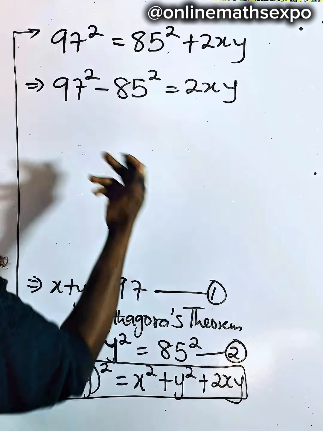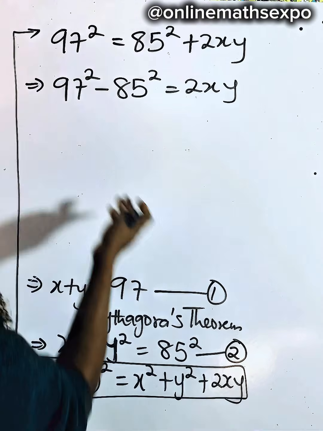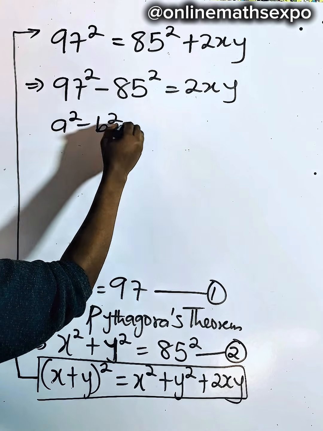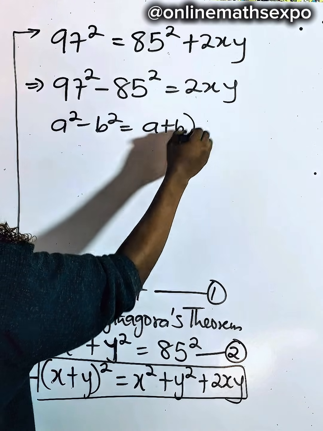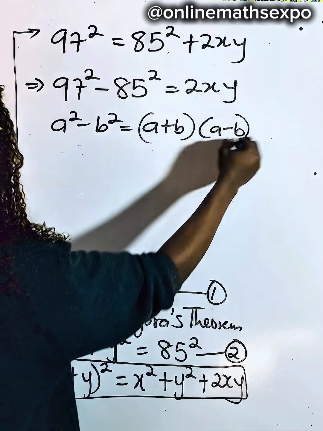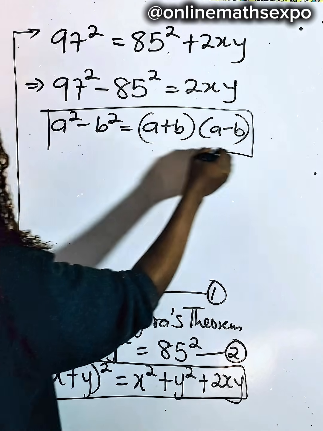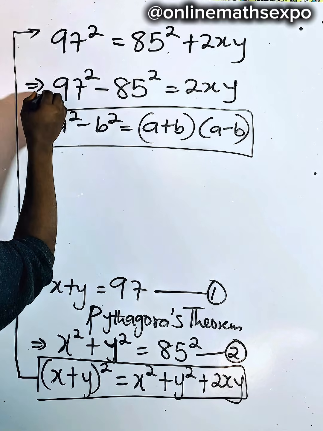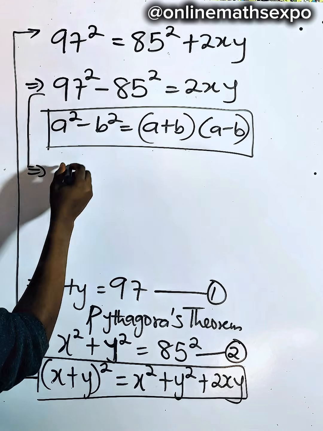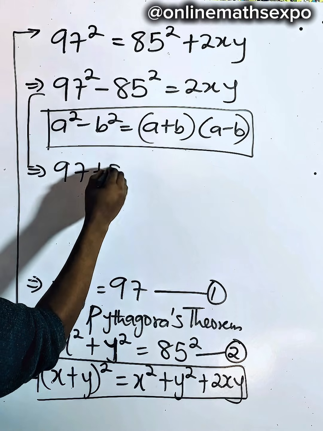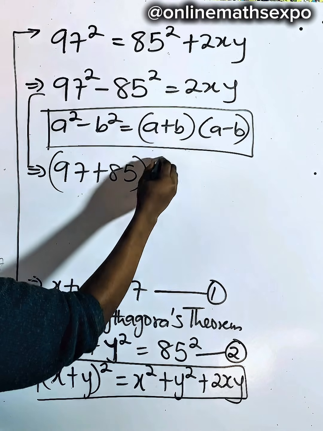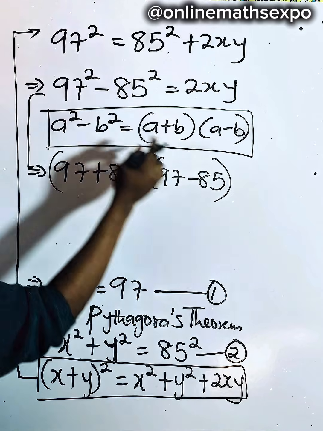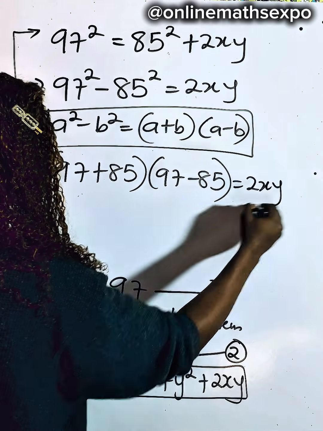At this point, you can easily use your difference of two squares. For every A squared minus B squared is always A add B and A minus B. So if you apply this algebraic identity here, we have 97 add 85 and 97 subtract 85 should be equal to 2XY.